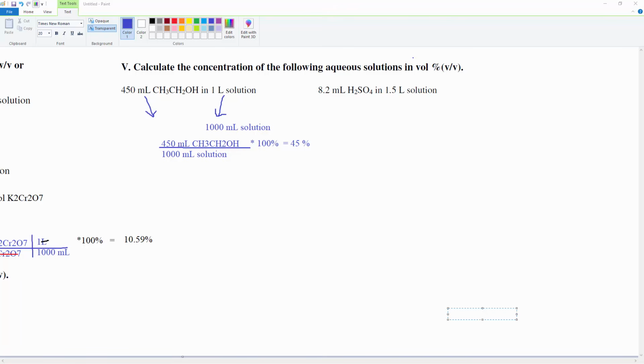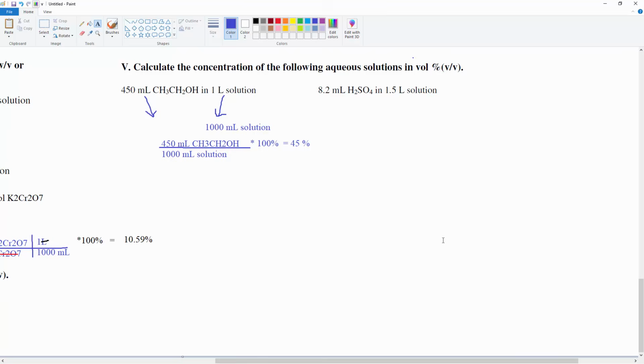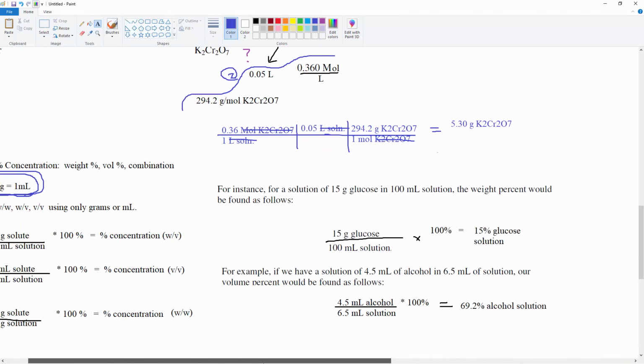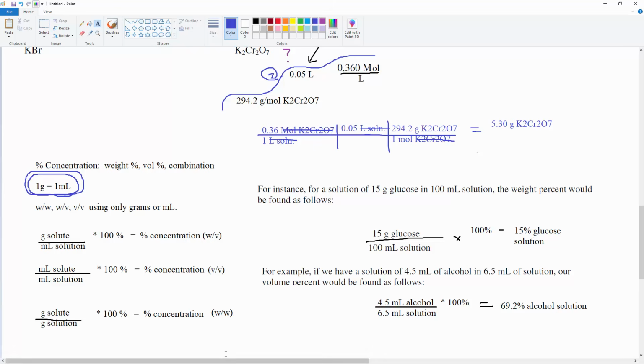Okay, I haven't forgotten your question, Zach, but I want to finish this section first. The next thing we want to talk about is parts per million and parts per billion. These are solution concentration units that we use for very tiny percentages, where if you used a percentage, it would be so small you'd probably have to use scientific notation.